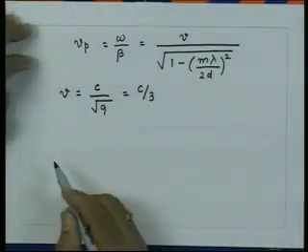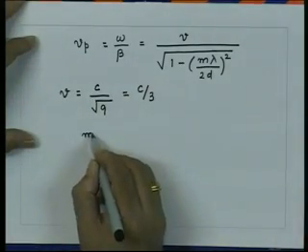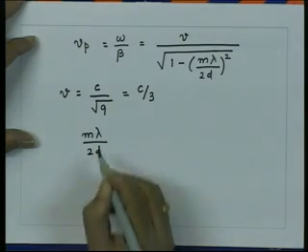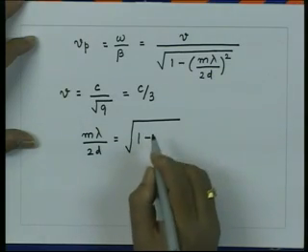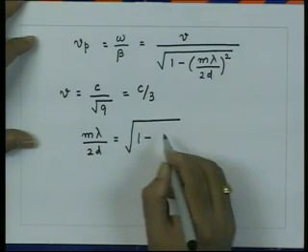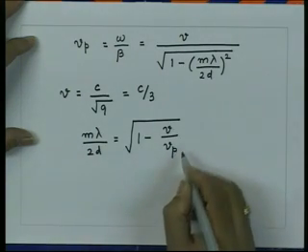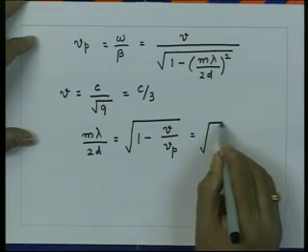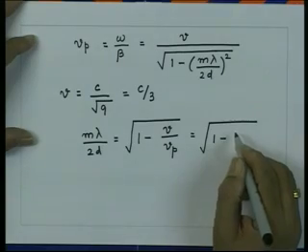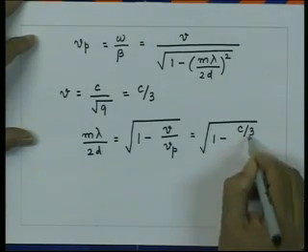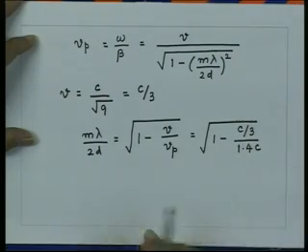Then by inverting this relation, we get m lambda upon 2d equal to square root of 1 minus v divided by Vp, that is square root of 1 minus (c upon 3) divided by 1.4 c.